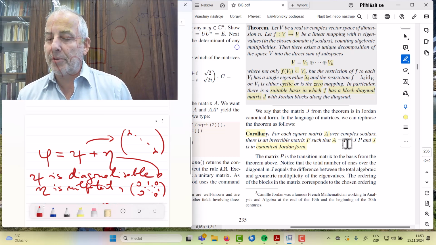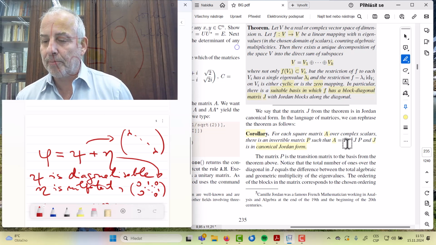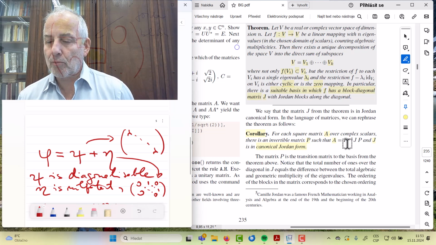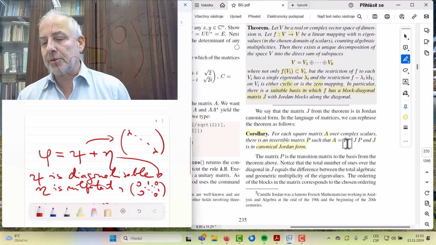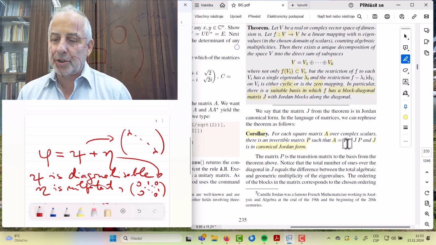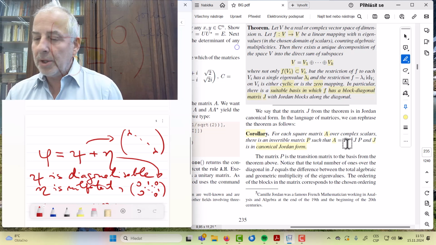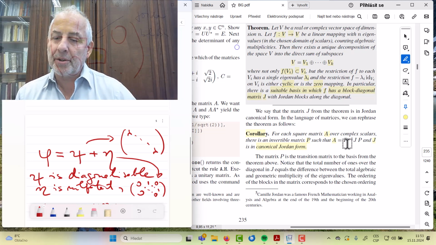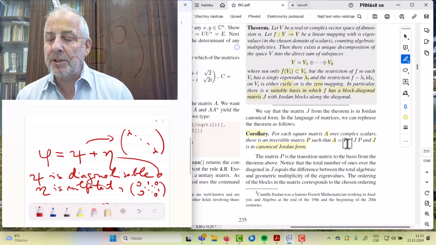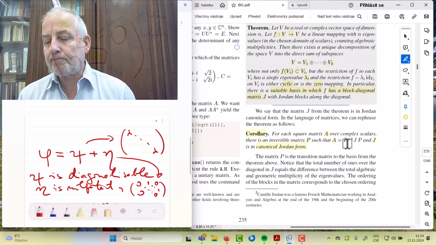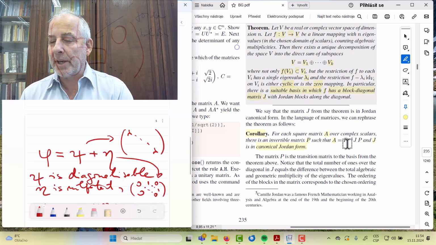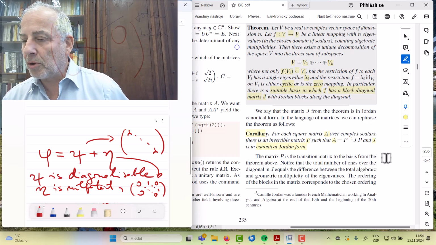It doesn't matter whether I take first this one and then that one or the other way around. Right, so that's the more geometric description, and actually the description is pinned down uniquely by this requirement, and this is a description which is independent of the base, of the coordinates.